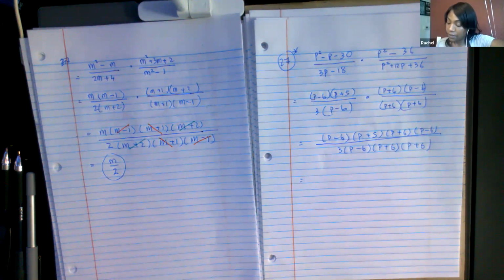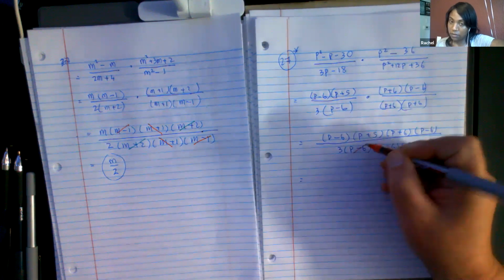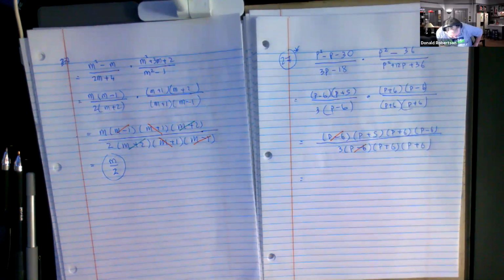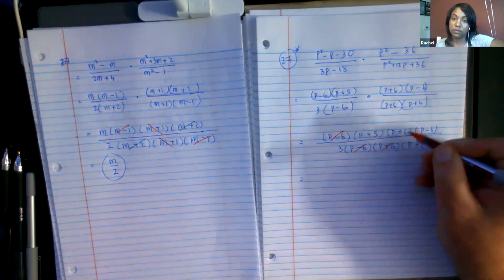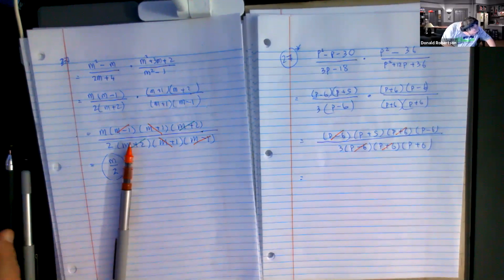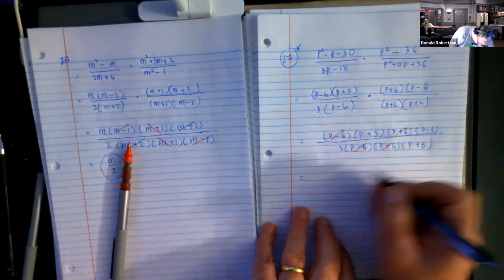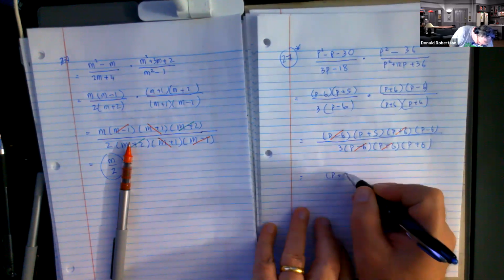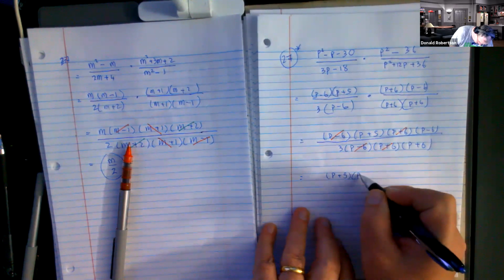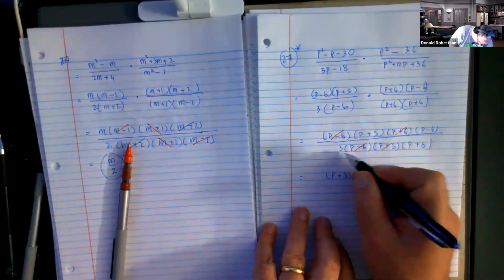P minus 6 and P minus 6. Anyone else? P plus 6, P plus 6. Agreed. And now we are going to put this whole package together. These 2 guys are going to be on the top. There's going to be a 3 and this guy on the bottom.